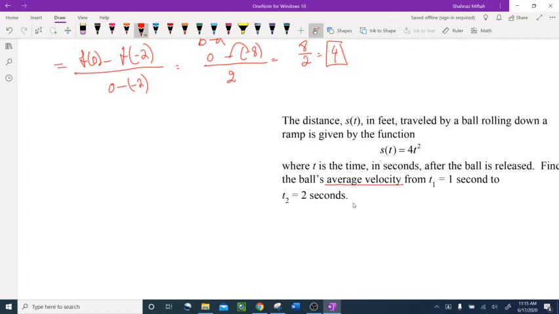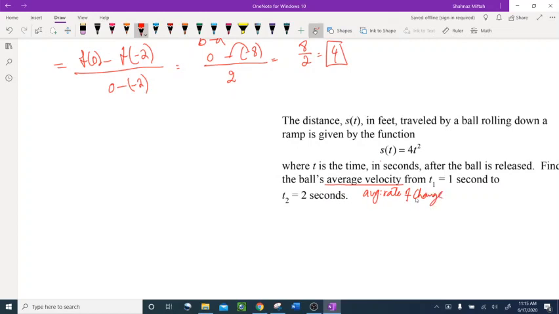What is average velocity? Average velocity is the same as average rate of change. Velocity is the speed with direction, and rate of change is also a rate, so average velocity means average rate of change.